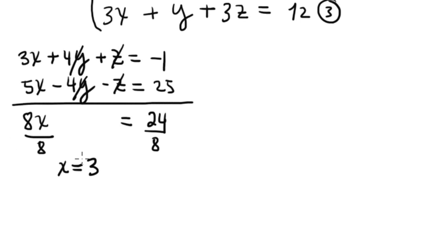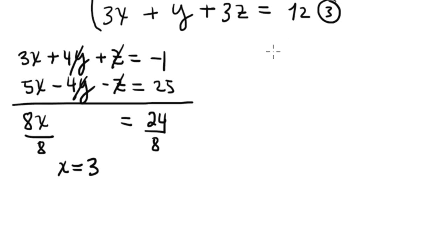Now, for finding the 2 remaining variables, y and z, there are many possibilities. One possibility is, for example, substituting x in the first equation.